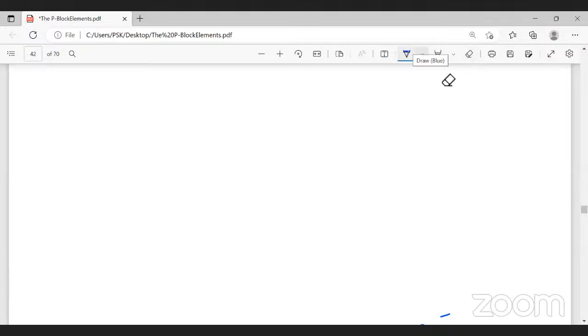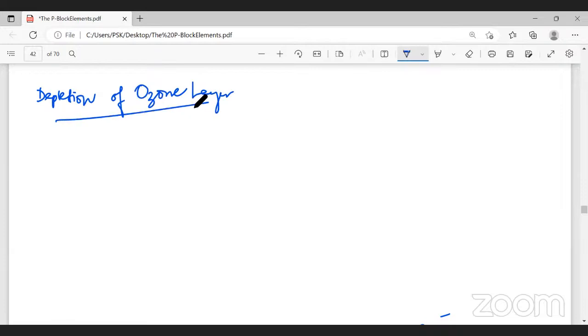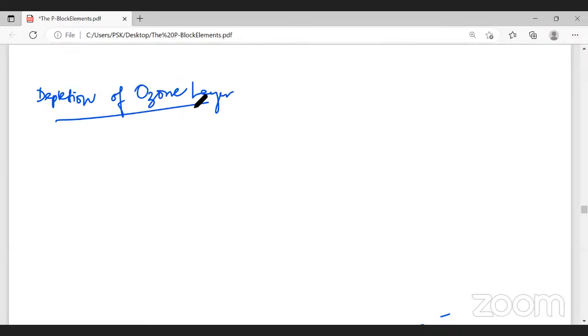It is important, right? They can ask you, write a note on depletion of ozone layer. Why does the ozone layer get depleted? Why are ozone holes formed?